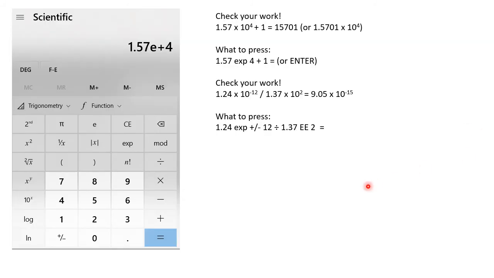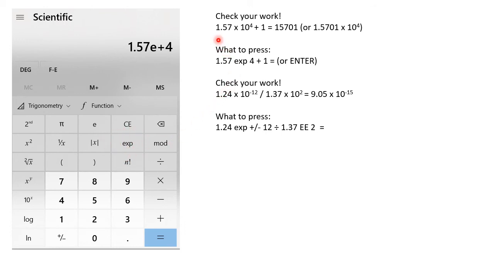Finally, here's Windows Calculator. My Windows Calculator always comes up in scientific mode, but yours might not. You push this menu button here, and then you can choose a scientific calculator from the choices. What do you use on this calculator to get the exponential part? It's this EXP button.